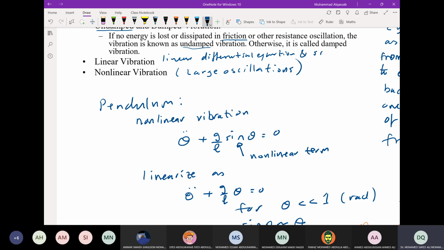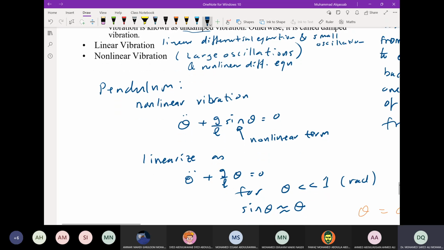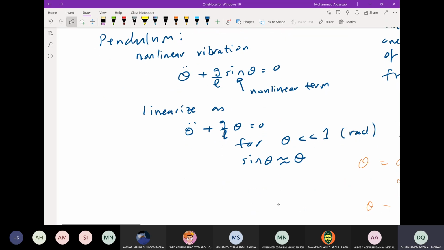For nonlinear vibration, it is large oscillation and a nonlinear differential equation. Okay, some nonlinear problems like the pendulum will be linearized to a linear equation. This is called a linear equation. This is nonlinear.